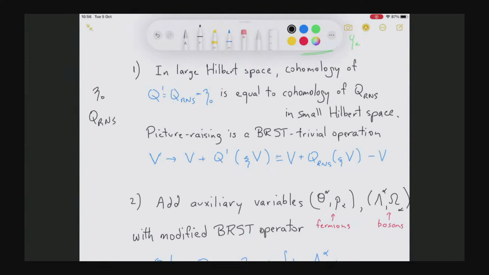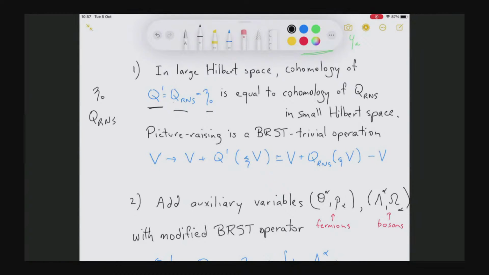But one way to implement this in a large Hilbert space is to consider the cohomology of Q prime, which is equal to the difference of QRNS and eta 0. So if something has a fixed picture and it's annihilated by Q prime, then it has to be annihilated by both QRNS and eta 0.